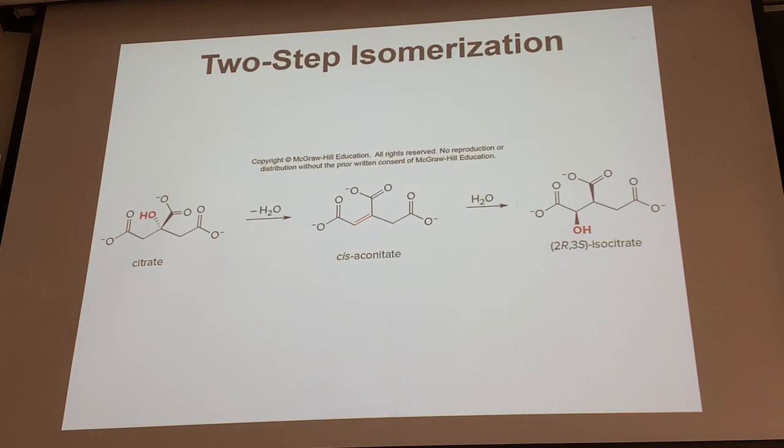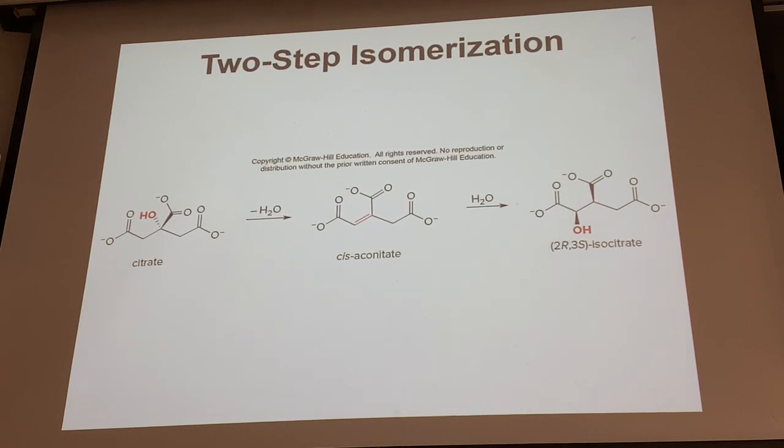What mechanism do you think we're going to use to dehydrate? E1CB, exactly. This is beta to two different carbonyls, right? So it doesn't matter which one. We would dehydrate and we get the same intermediate. And once we've dehydrated, we can rehydrate. That's going to be the conjugate addition mechanism that is right here, where we're going to perform conjugate addition of OH here.